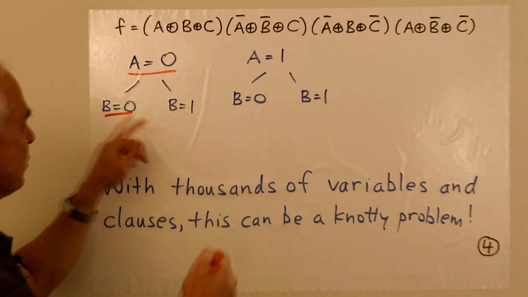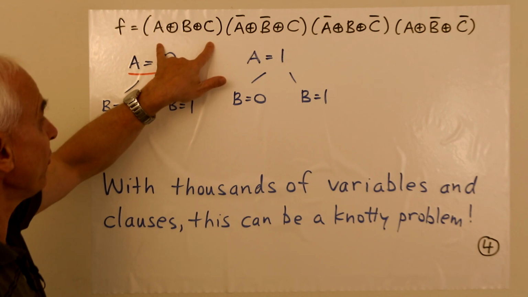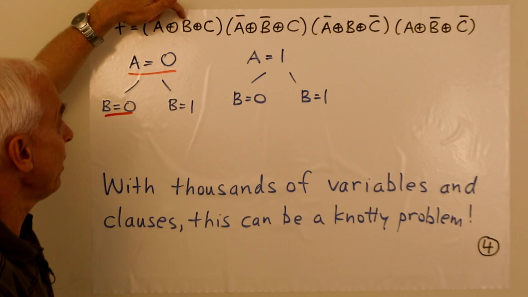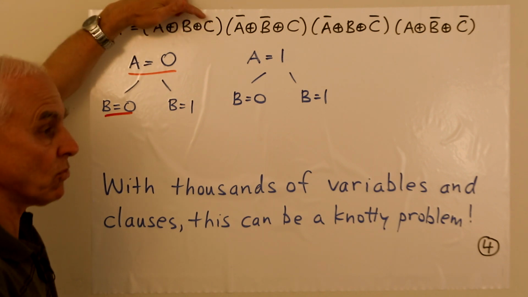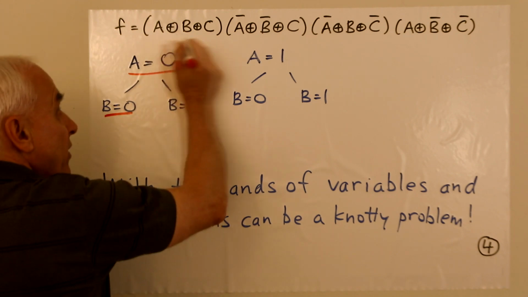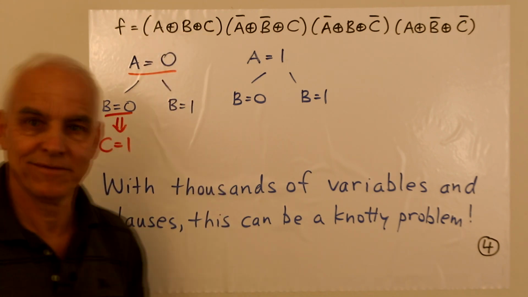So if we then impose the additional condition that b equals 0, then what happens to this clause? A is 0, b is 0. How can this whole thing be equal to 1? We are forced to have c equals 1. So if we want this to be equal to 1, this forces c equals 1.